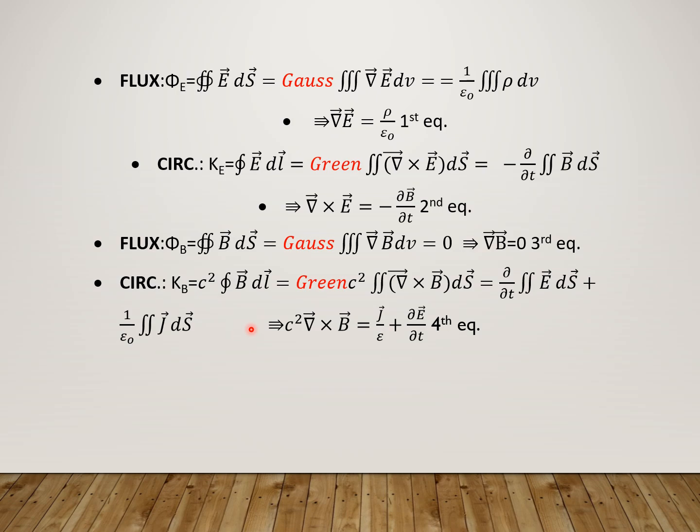The same notion applies also for the magnetic strength B, and we have from the flux the third equation, and from the circulation the fourth equation.